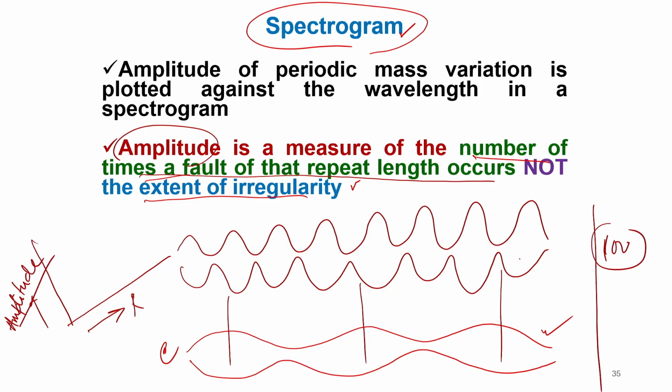This is the shape of the basic spectrogram. Suppose the wavelength here is 1 meter. Then this wave will be repeated 100 times. That fault will be repeated 100 times.